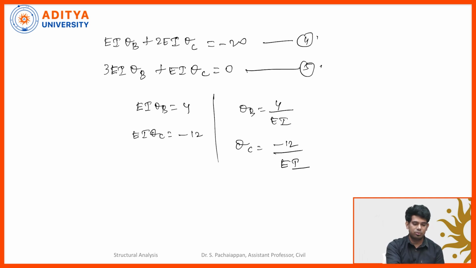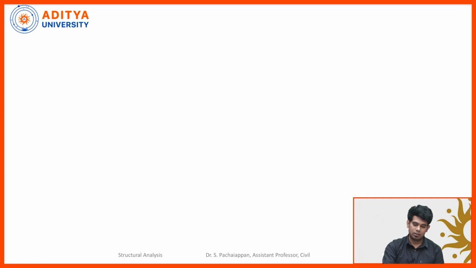Let's quickly substitute it. So MAB, just writing the MAB equation, which is minus 40 plus 0.5 EI theta B. So this is our equation 1. In this equation, I am going to substitute theta B is equal to 4 by EI.